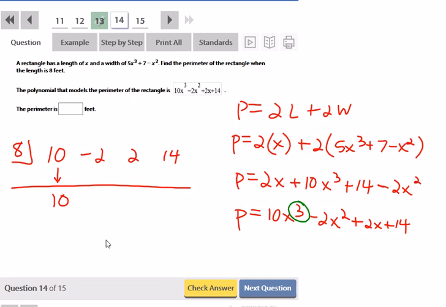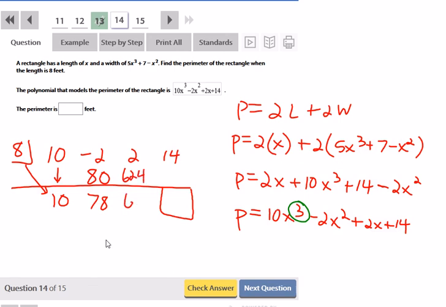In order to get back above the line, I'm going to multiply. And I'm going to continue doing this. Eventually, my answer is going to end up in this box over here. So now I'm going to multiply, and then when you multiply, it's always times the number in the box, which is 8. 8 times 10 is 80. Add straight down is 78. 78 times 8 is 624.